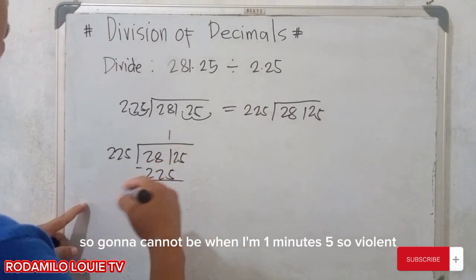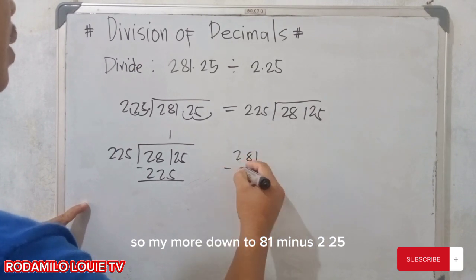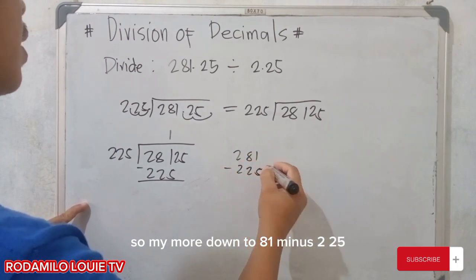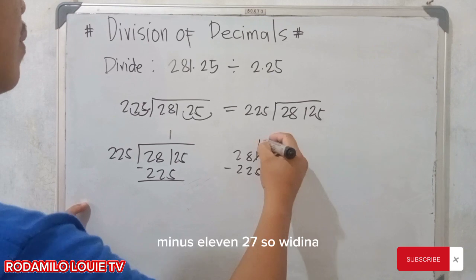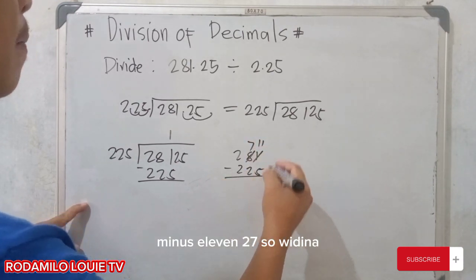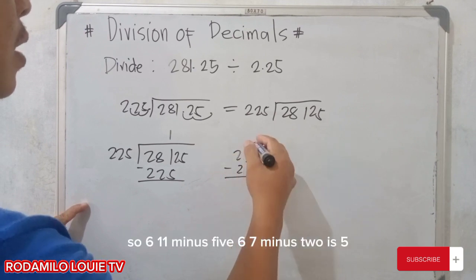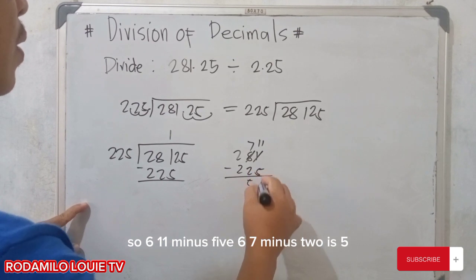So baron ta. So mahimo ng 281 minus 225. So 6, 11 minus 5 is 6, 7 minus 2 is 5.